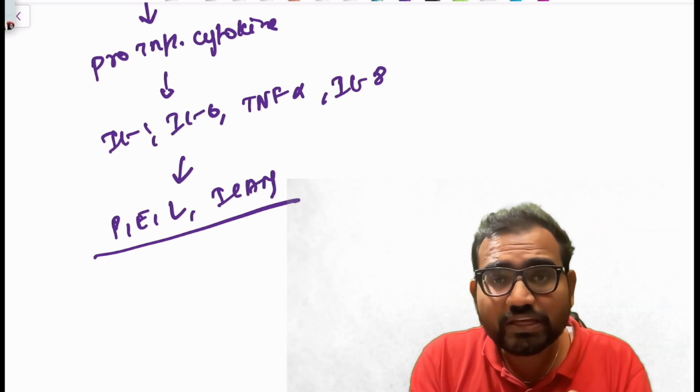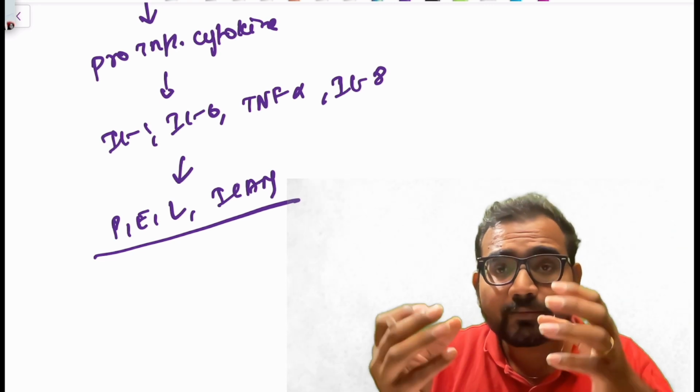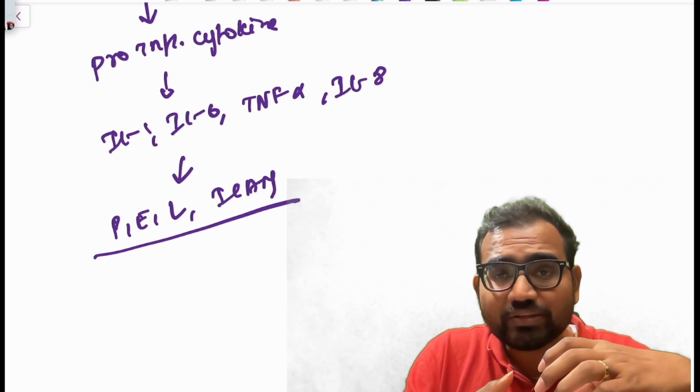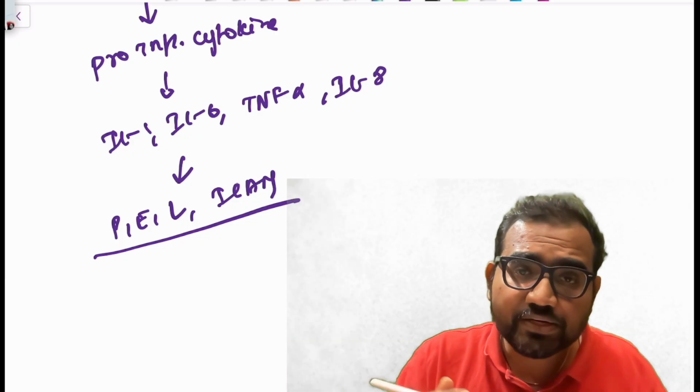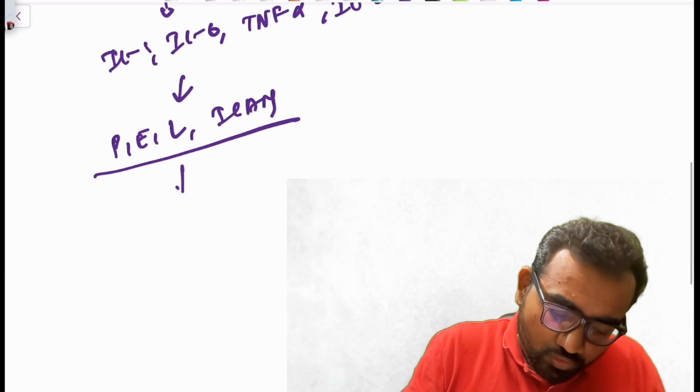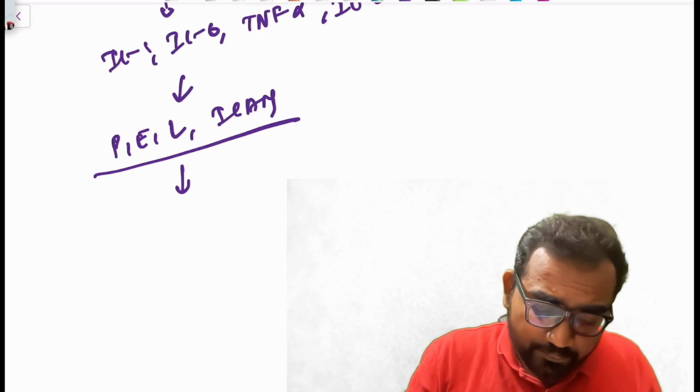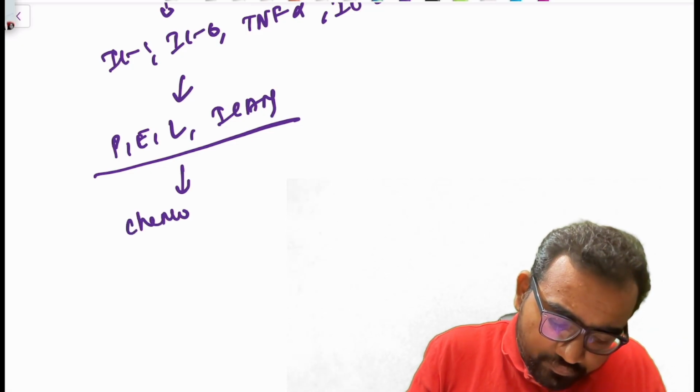Every leukocyte will have something called integrins. These integrins, when they bind to the selectins, result in temporary attachment. When they bind to the ICAM, that results in permanent attachment. Once they are permanently attached, they move to the site, chemotaxis, and then phagocytosis takes place.